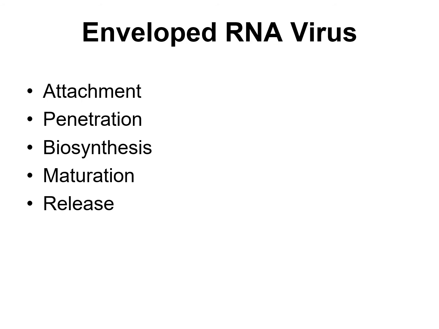Now, a retrovirus is an enveloped RNA virus, so it will follow the basic life cycle for enveloped RNA viruses, but there will be a little twist to it. In general, enveloped RNA viruses will use the spikes for identification and attachment of an appropriate host cell. Then for penetration, they will penetrate by fusion.